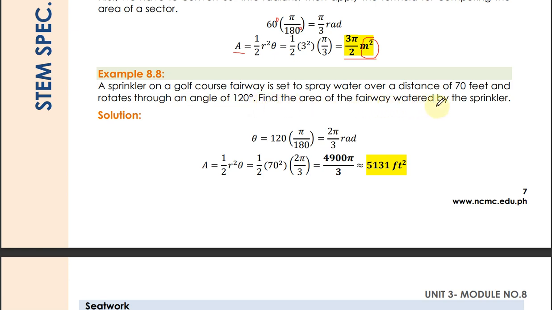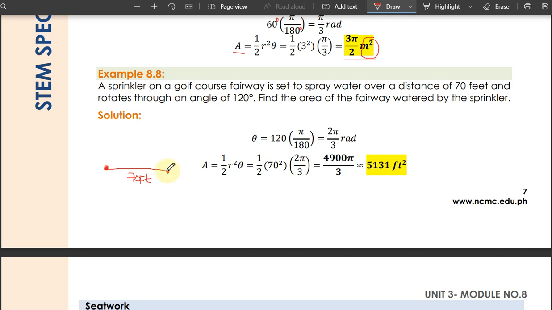Find the area of the fairway watered by the sprinkler. So, the sprinkler is the one on the fields that automatically sprays water. The distance of the spray from the sprinkler reaches 70 feet. Then it can rotate, spraying water through 120 degrees.